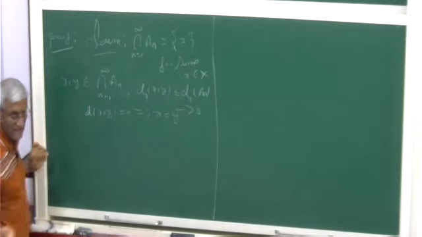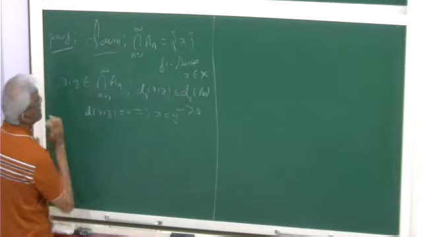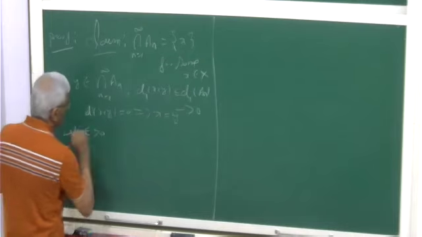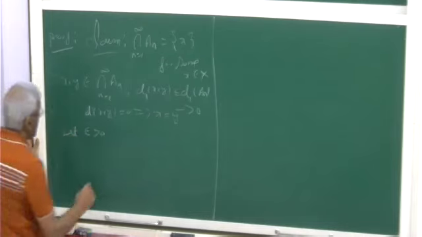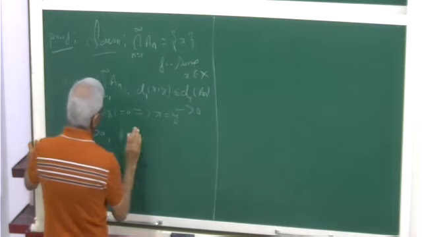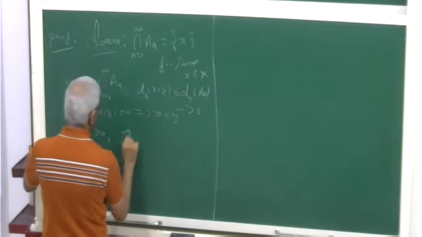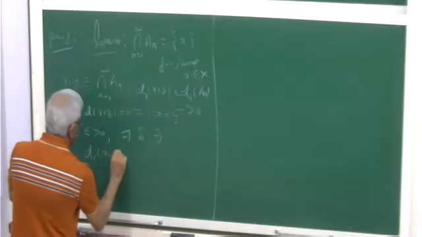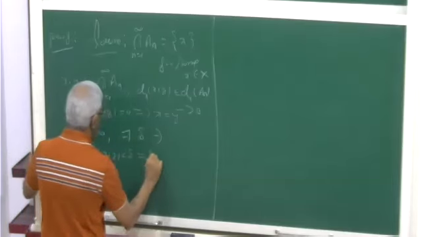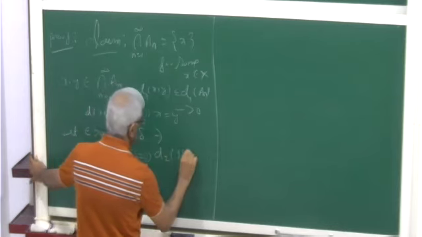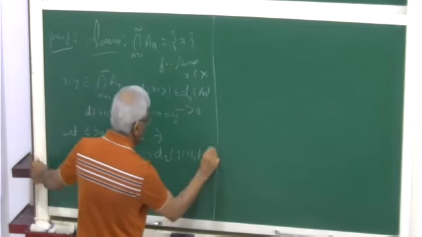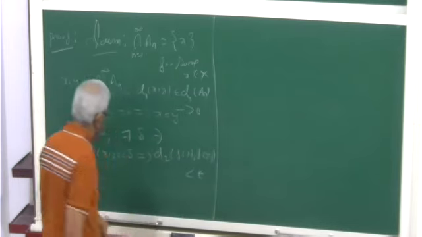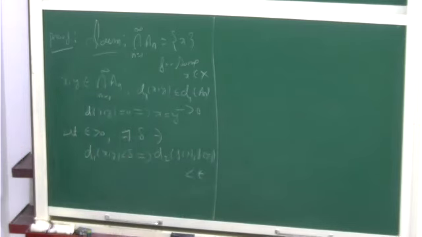Okay, now we consider this f of x. So now let epsilon be greater than 0. Then f is continuous, so there exists delta such that d1(x,y) less than delta implies d2(f(x), f(y)) is less than epsilon. If in case I miss 1 or 2, please assume it's the corresponding metric.